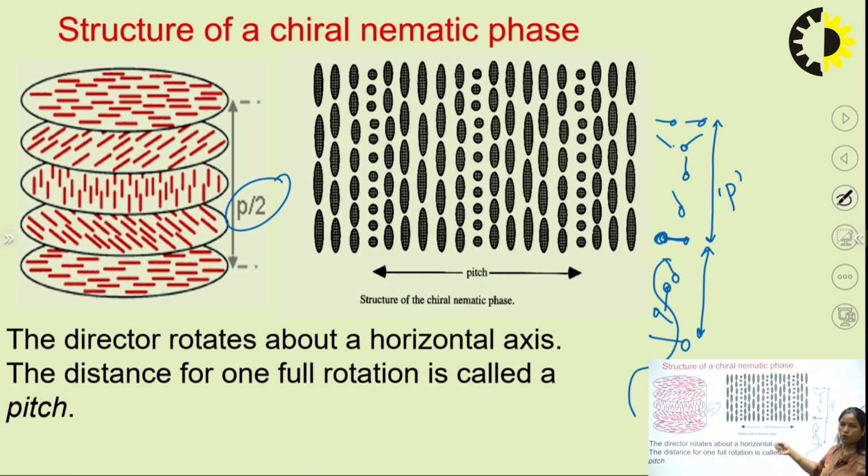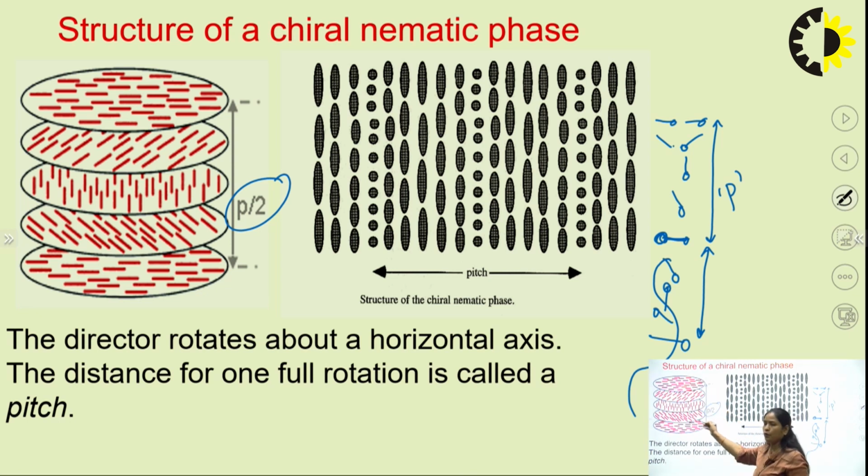So in cholesteric liquid crystal, you can see that there are some layers arranged. These layers are actually nematic-like layers, nematic liquid crystal-like layers. Each and every nematic layer has molecules with some fixed orientational order. Another layer has a different orientational order, a different angle. Another layer has a different angle.